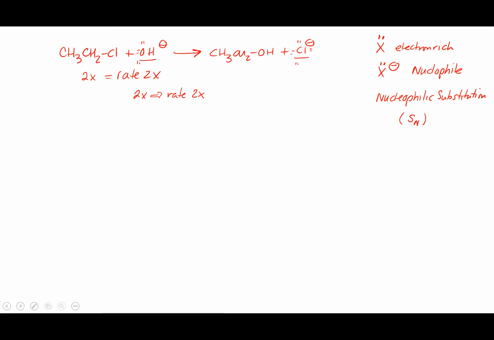Okay. So in general chemistry, what would we have done? We'd write a rate equation. We'd say, okay, well, the rate is equal to some rate constant times the concentration of the alkyl halide times the concentration of hydroxide, and then we would determine the rate order, and we would say, well, if I double the concentration of the alkyl halide and the rate doubles, what should the exponent be on the alkyl halide?